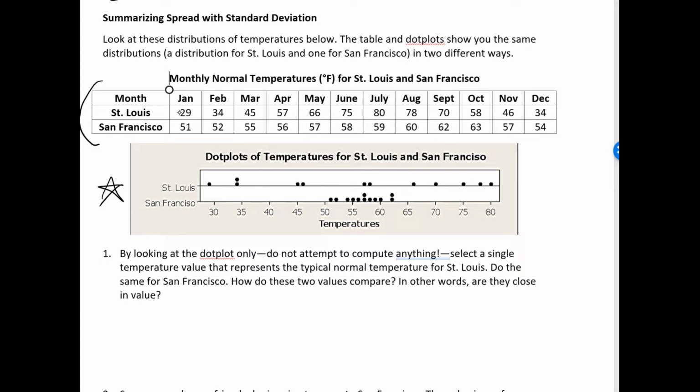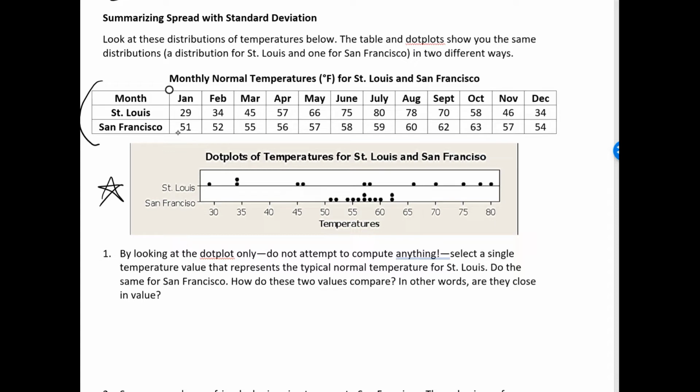If we come out to July to see how their summer temperatures look, we would see that the average normal temperature in July for St. Louis is 80. Okay, so that top line of data is telling us the average temperature for each month in St. Louis. The next line down in our table, we're looking at the monthly normal temperatures for San Francisco.